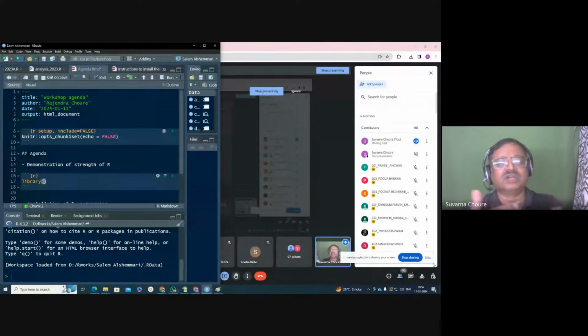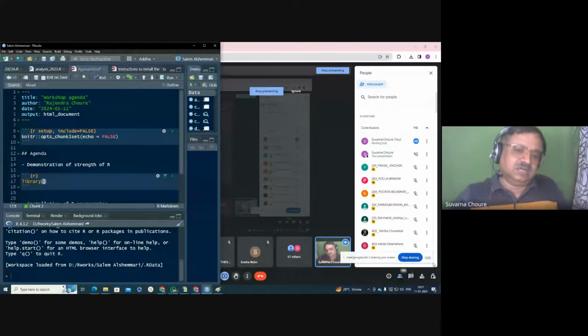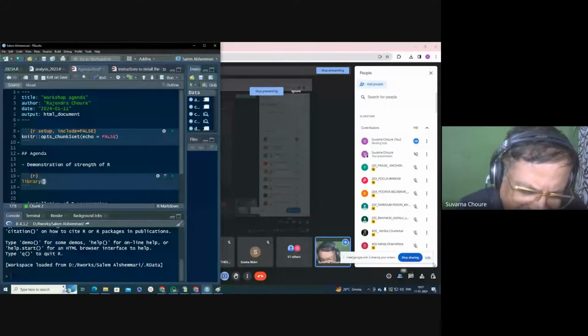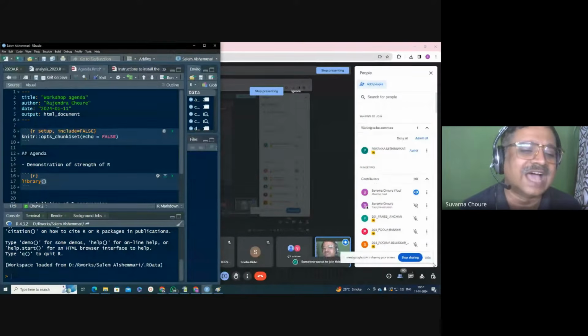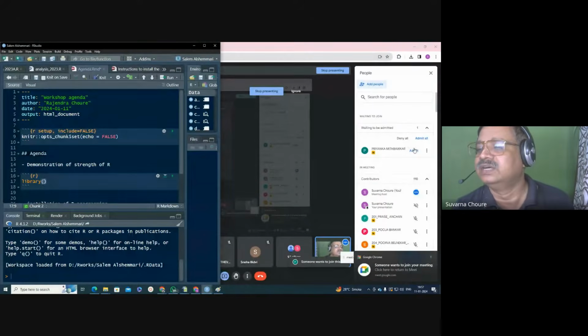Is there any difference between the effects of two drugs on the growth of those bacteria? You can study that using this. I will do that using the built-in data set. Many built-in data sets are there in R, so that you can learn using those as toy data sets.